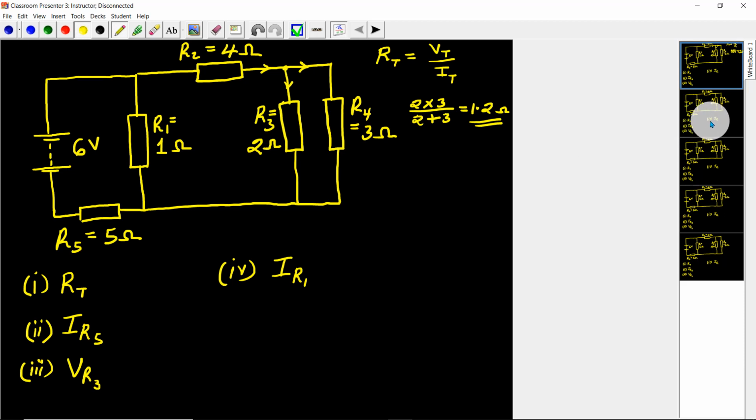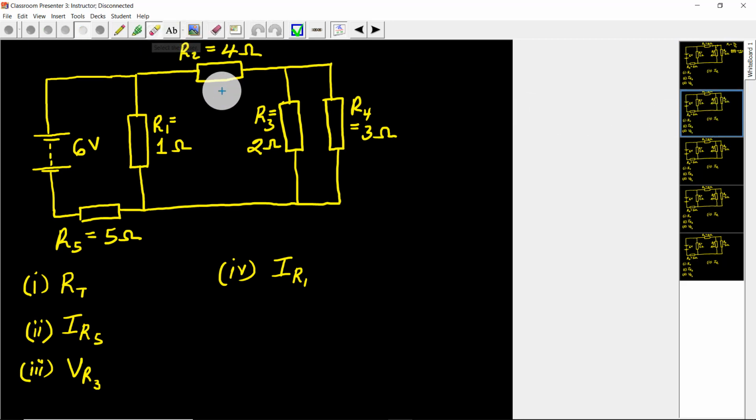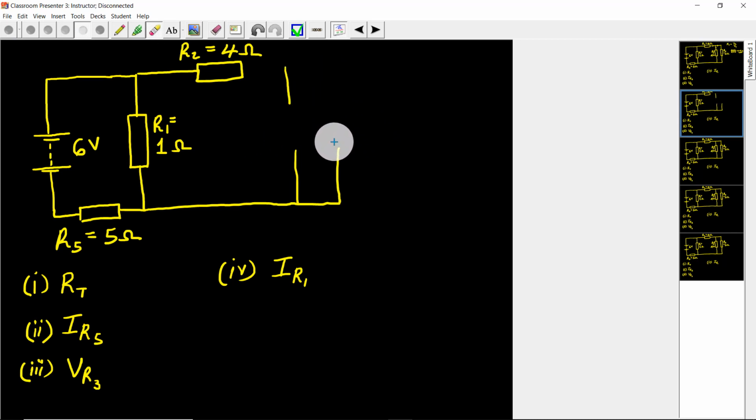So in the next slide, I've duplicated this slide so that I can go to this slide here, and now I'm going to remove these two resistors, this one and this one, so that I can have just one resistor representing these two.